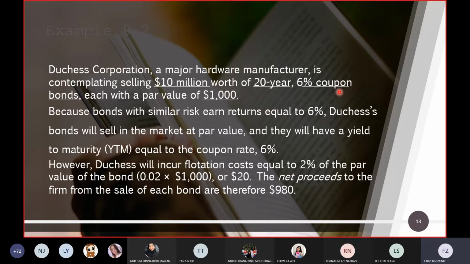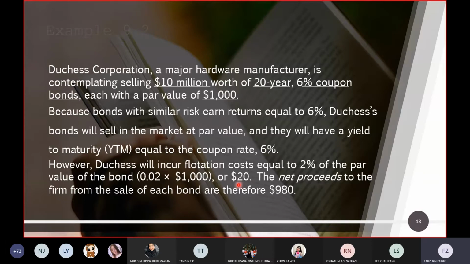Of course, they are getting a 6% rate based on the coupon rate, but because there is a cost to it, Duchess is not just paying 6%, but much higher, reflecting the yield to maturity, because they have to incur the extra cost of $20. So again, they are issuing at $980 per bond, but at the end of the term, 20 years, not only do they have to pay the 6% rate every year, but they also have to pay the principal amount at the end of the 20th year, which is $1,000 per bond.